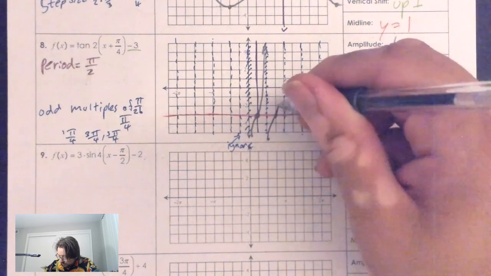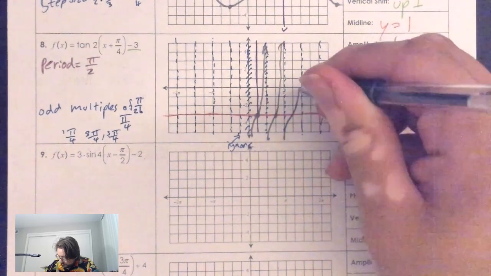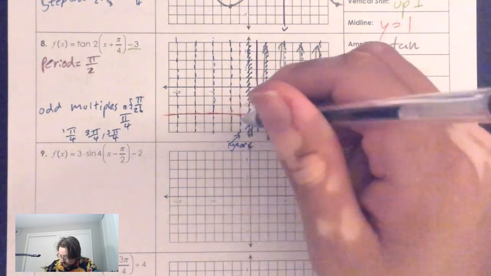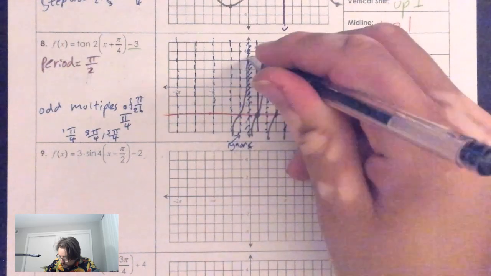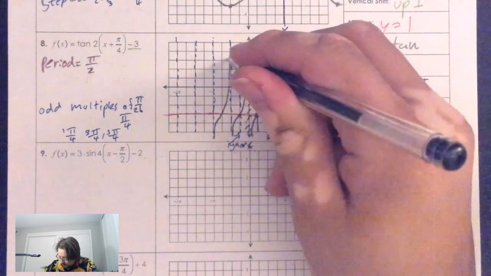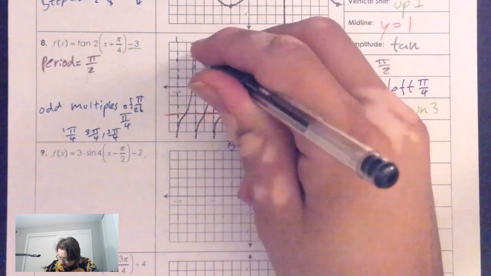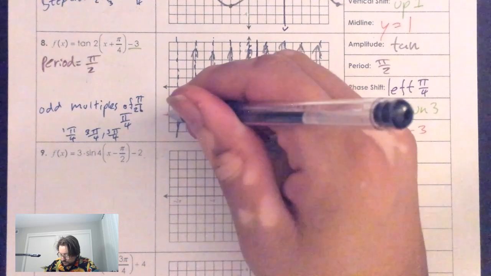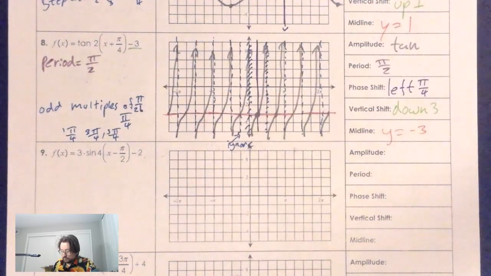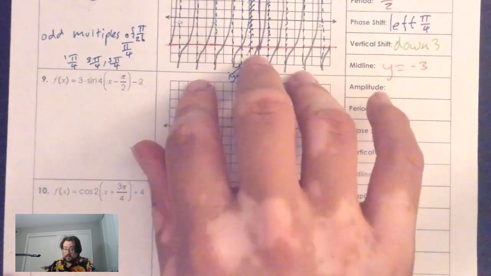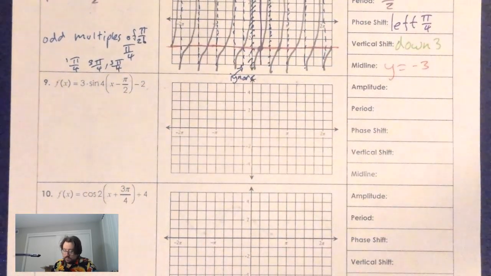And then we repeat. Because these are all periodic functions, they're all going to have this repetition to them. The big part about this is being able to recognize the correct graphs. Being able to see that this has the right asymptotes and has the right midline and all that.